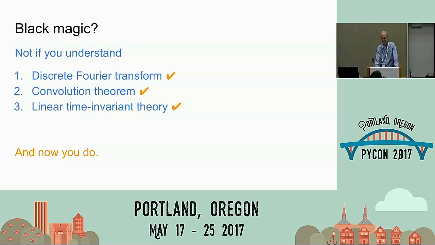Okay, so at the beginning, we looked at this example where we simulated a violin in a firing range, and I claimed that if you understand these three things, you will have a pretty good idea of why that example works. And the idea is that if we know that the system is LTI, linear and time invariant, we can use that gunshot to characterize the system, and then use that as a filter to figure out what the input, the violin, would sound like as an output being played in a firing range.